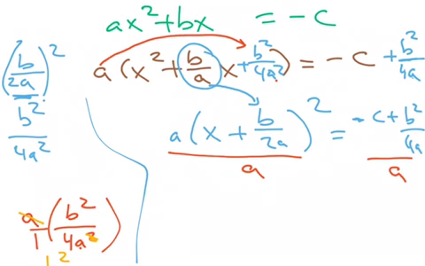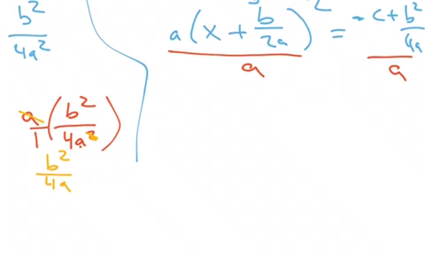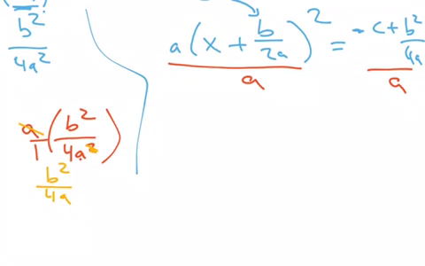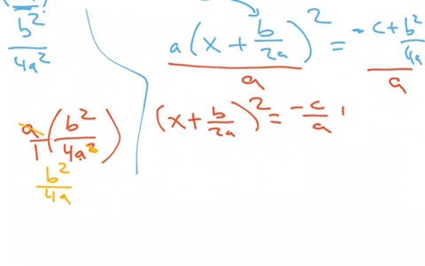So this gives us x plus b over 2a squared equals negative c over a plus b squared over 4a squared. Why does that now go back to being a squared? Because you divided that by a. Good.